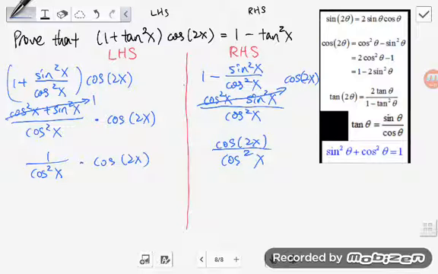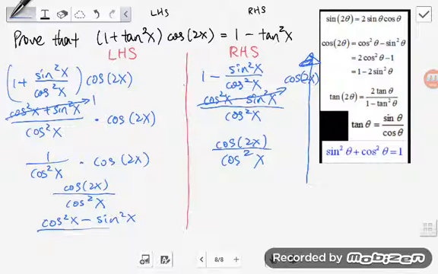So now I'm just going to sort of backtrack, use what I have on the right hand side to go back up to where I started. So now this becomes cosine of 2x over cosine x squared. And cosine of 2x can be written as cosine squared x minus sine squared x. I'm just sort of backtracking, right? I hope you guys see what I'm doing here.